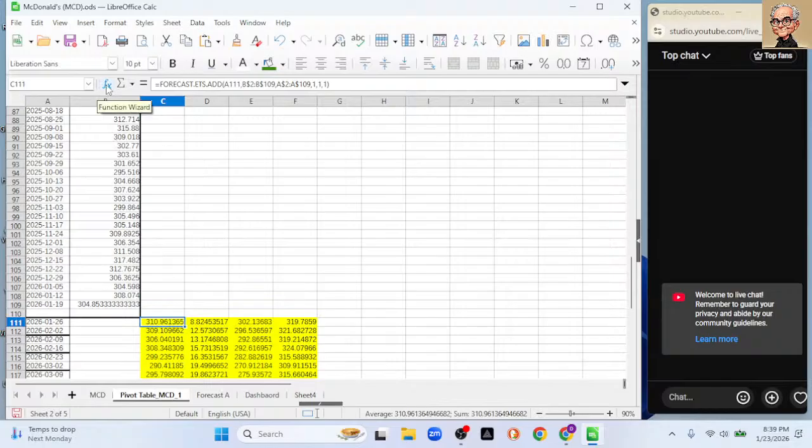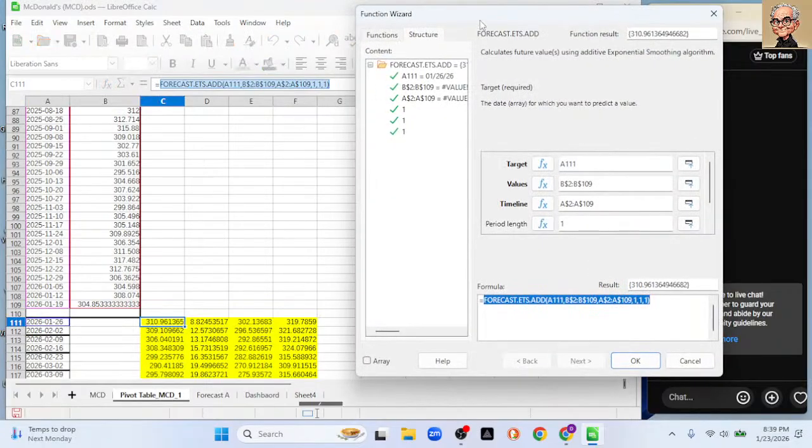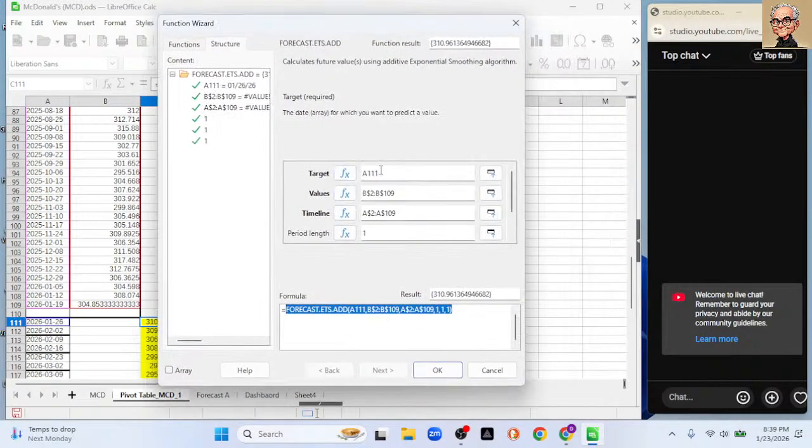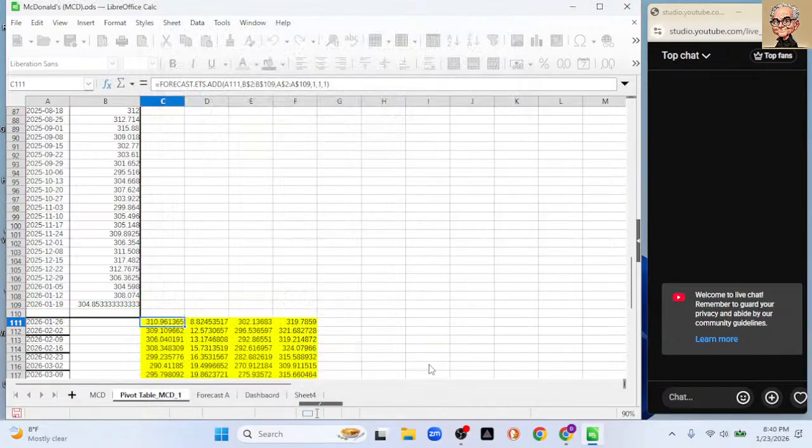So we come over here now, take a look at their settings, okay? We select the starting forecast area, okay? Then you just do all the values, all the dates. Then for these here, we're just throwing all ones, okay?